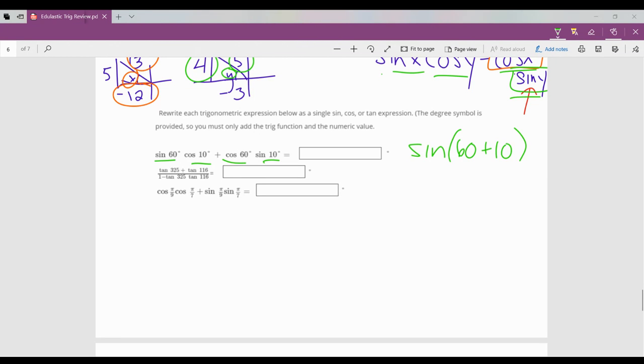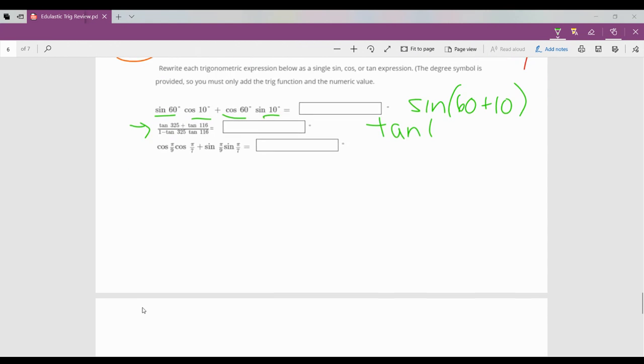And so we're going to use this and follow all of those sum and difference formulas and just see which ones would match up. If you notice, this is the tangent one, so you have to figure out, are you adding the two angles or are you subtracting the two angles? And then the last one is cosine cosine plus sine sine, so you have to figure out which one matches that, and are you adding the two angles or subtracting the two angles? Okay.